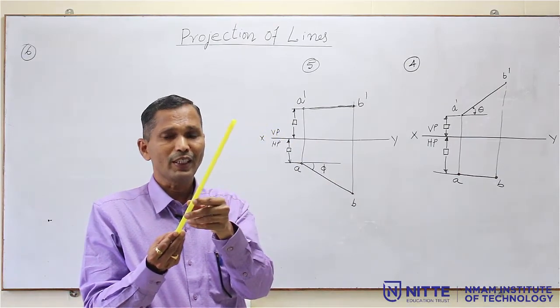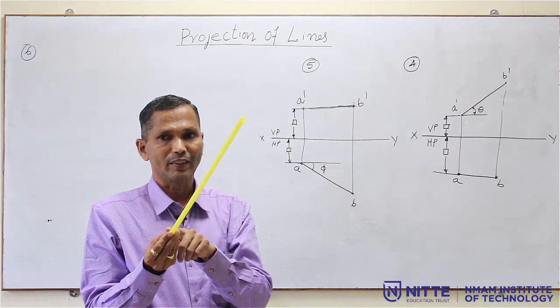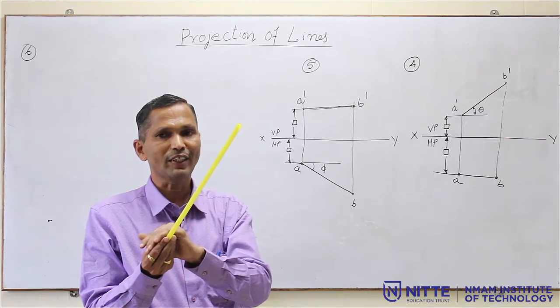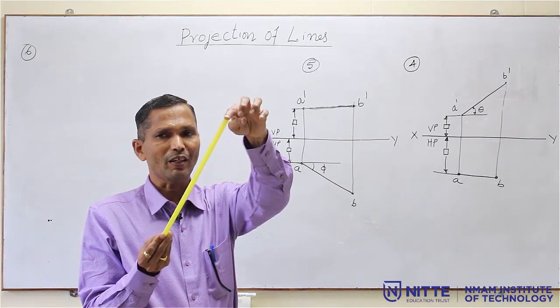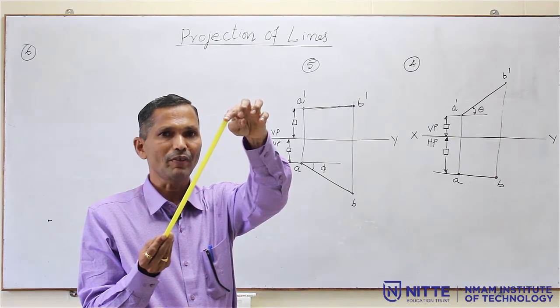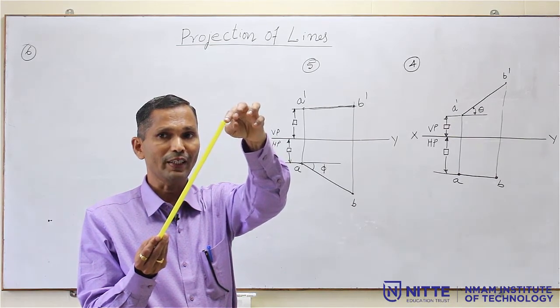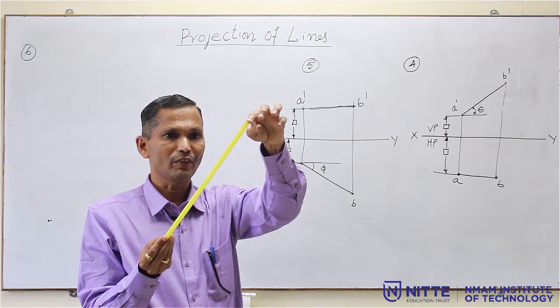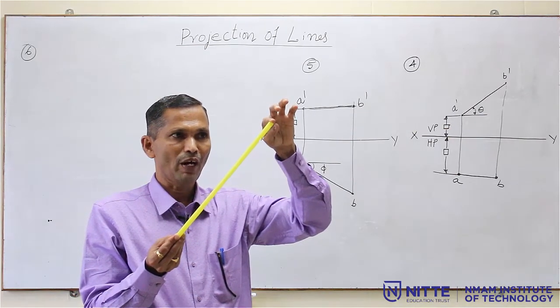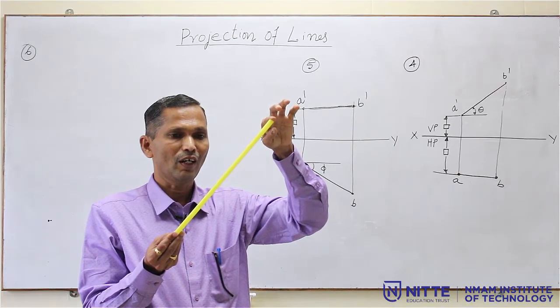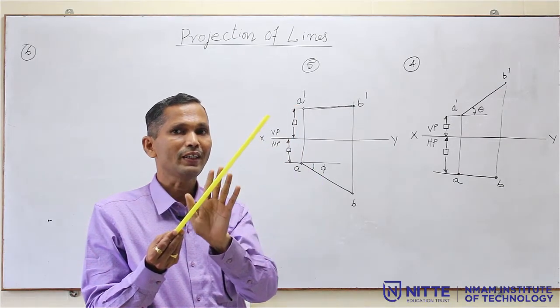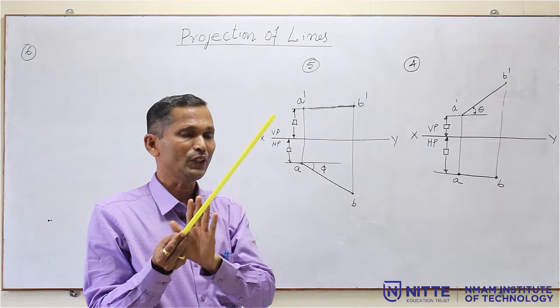Now clearly observe here, I am not going to move the point A. Point A is fixed. Since it is inclined to both HP and VP, we are not in a position to write any of the views. I will manipulate it and I will make it parallel to VP. Just observe here, point B I have moved it. How much movement? I will make that phi equal to 0.